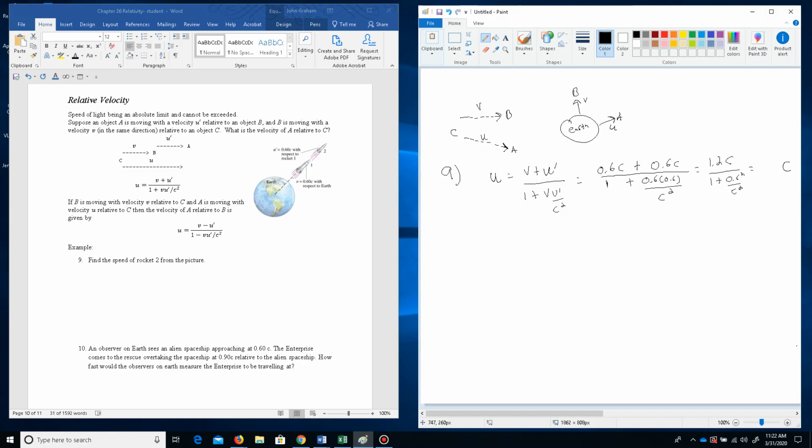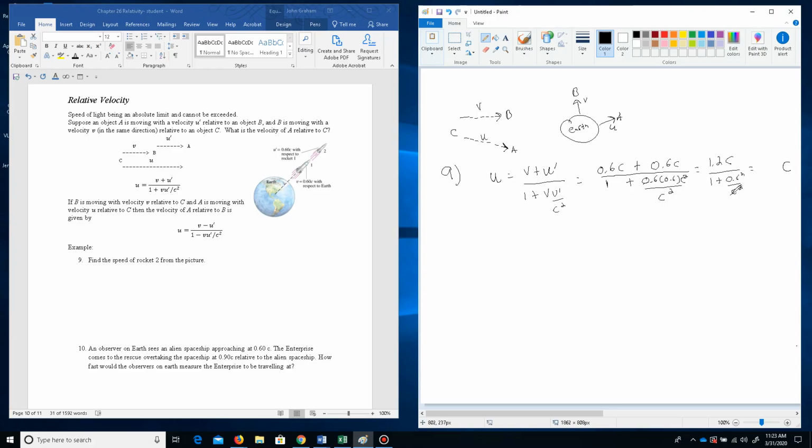Oh, I totally forgot something. There's two c's here. One there, and then I'll just make the c squared. One there. These are 0.6 c. Alright, so that's going to cancel out. I thought something threw it off. Alright, so let me do that again. 1 plus 0.6 squared.